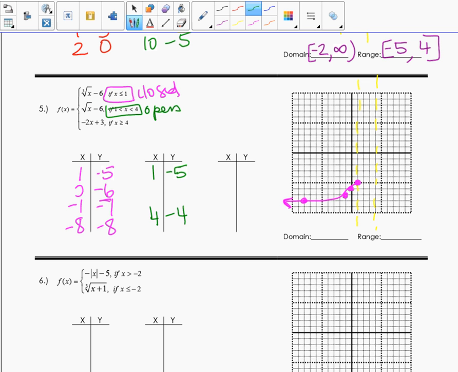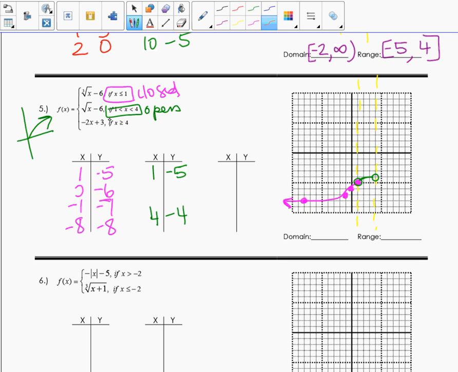Pay attention to the fact that the 2 points in between there, the 2 and the 3, are ugly, but we want to make sure we do this graph justice. So we are at 1, -5 with an open circle, and then we are at 4, -4 with an open circle. But you don't want to draw a straight line because that does have some curvature to it, because it is part of your square root graph.